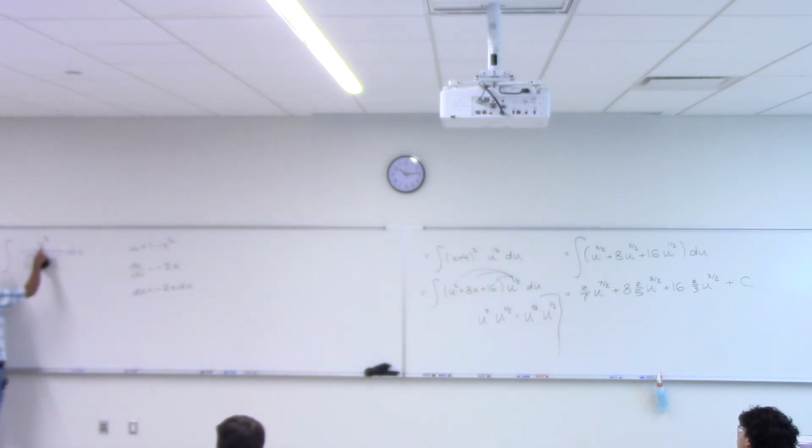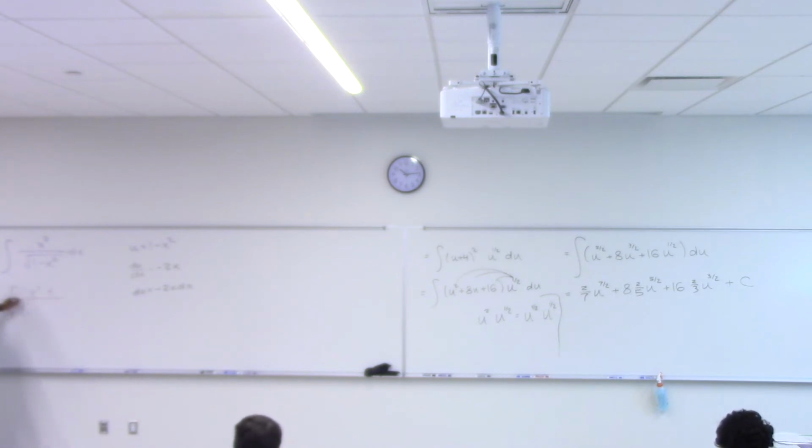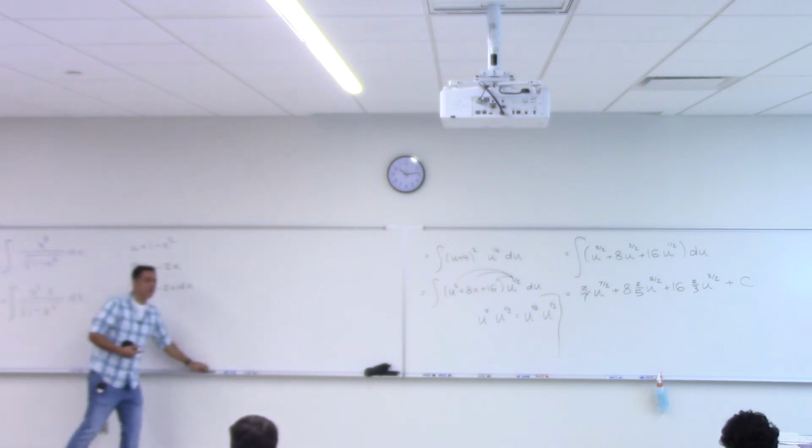Can we rewrite x cubed as x squared times x? Absolutely. You're allowed to do that. The top is x squared times x over square root of 1 minus x squared dx. That's just algebra. Not very natural, but it is algebra.